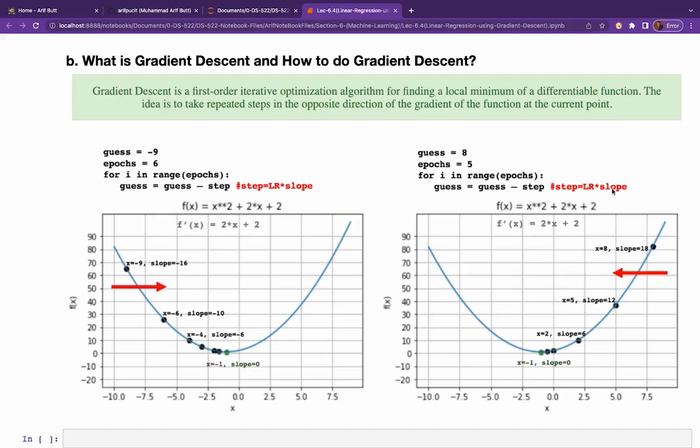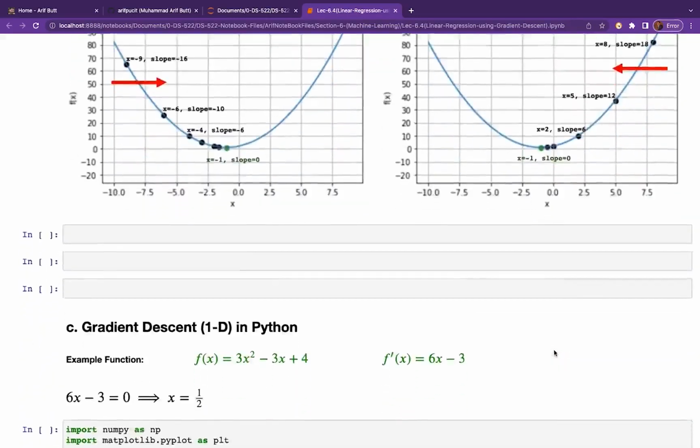If the slope is large, the steps will be large, and if the slope is small, the steps will be small. That's why over here you are seeing larger steps, and when the slope gets smaller, you see smaller steps. Okay, so good job. Let me move ahead.